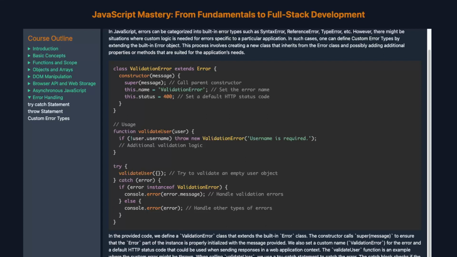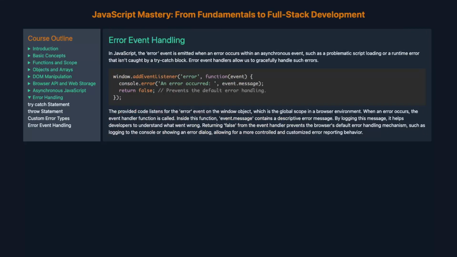The validateUser function is an example where the custom error might be thrown. When calling validateUser, we use a try-catch statement to catch the error. The catch block checks if the error is an instance of ValidationError to handle it accordingly, differentiating it from other potential errors.